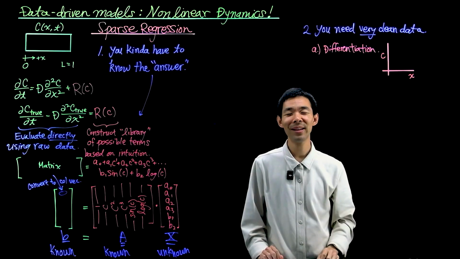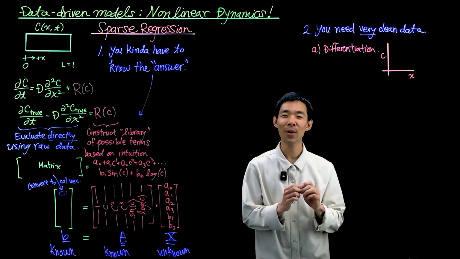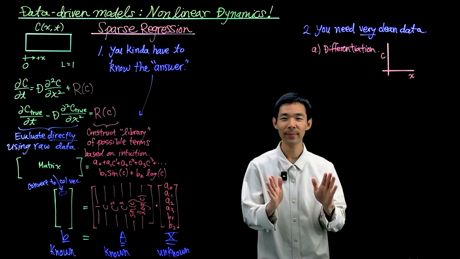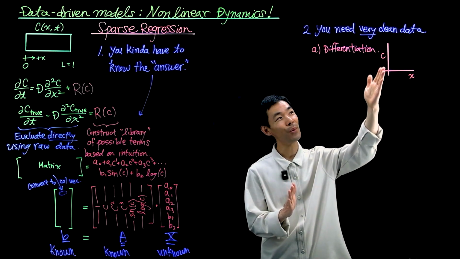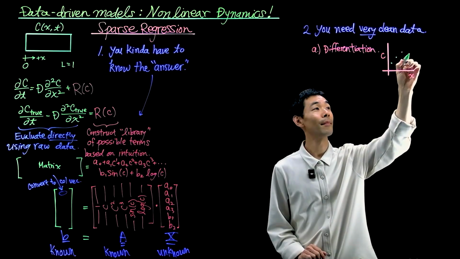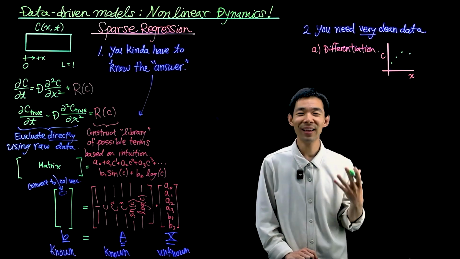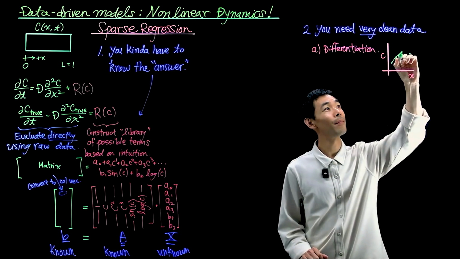In our simulated data set, we solved a deterministic partial differential equation with no noise. So we had data points, for example, concentration as a function of position, that look something like this. And we took derivatives of those discrete data points.